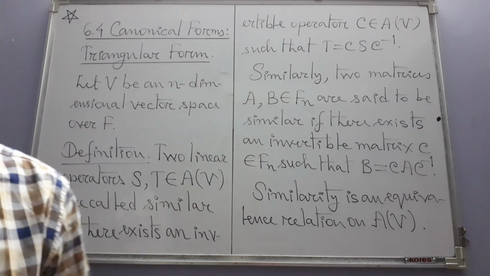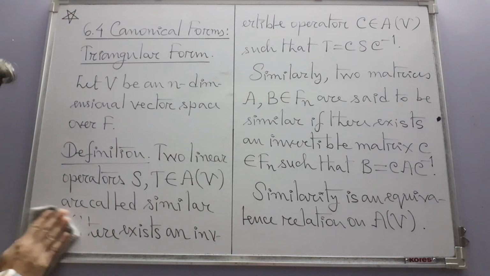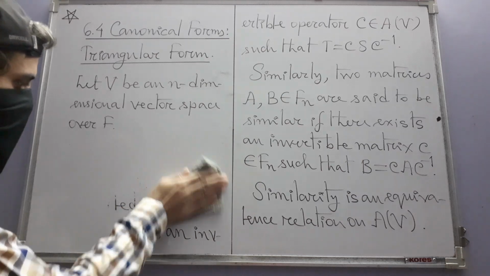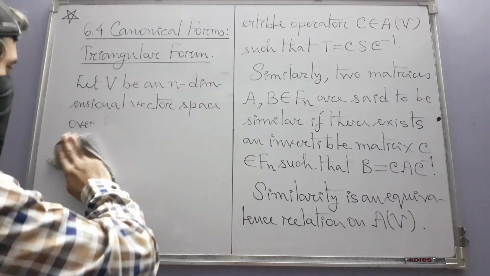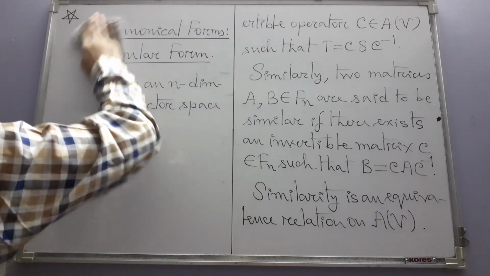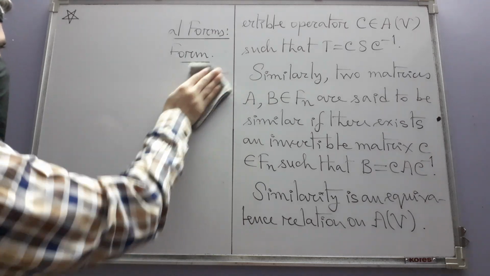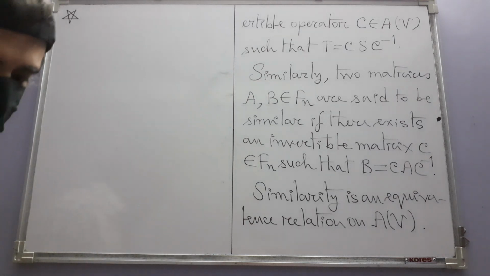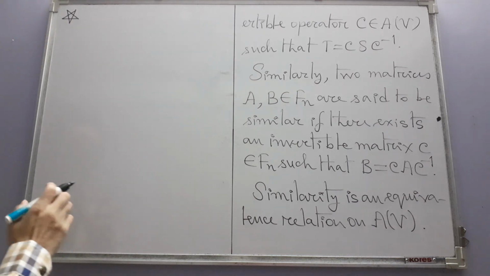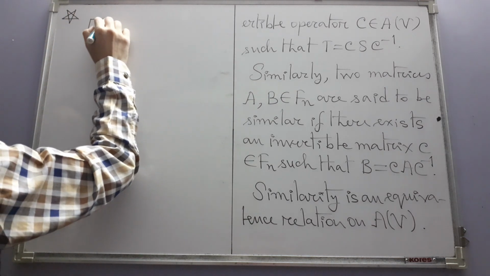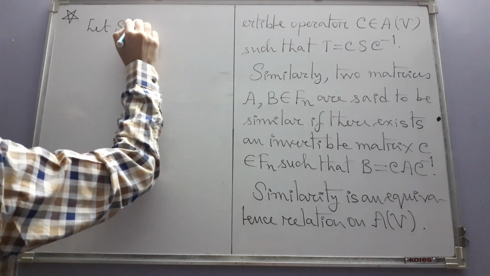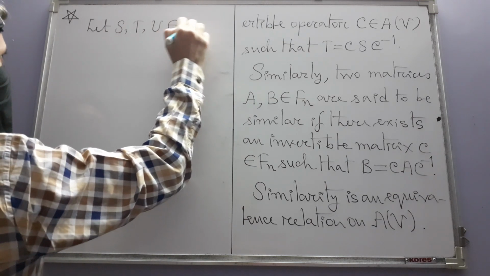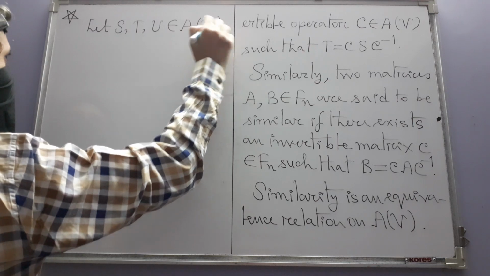Well, we have to show the three things, namely that the relation is reflexive, it is symmetric, and it is transitive. So let S, T, and U be any three elements in our algebra.